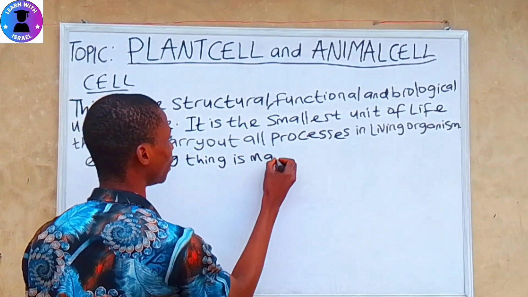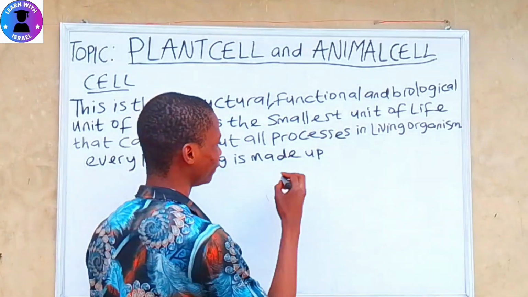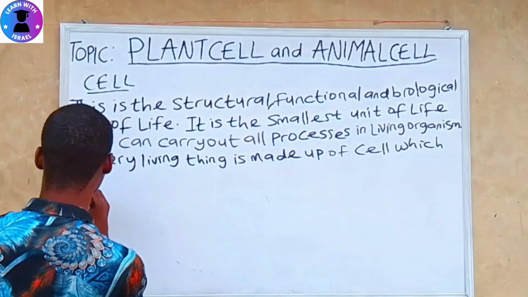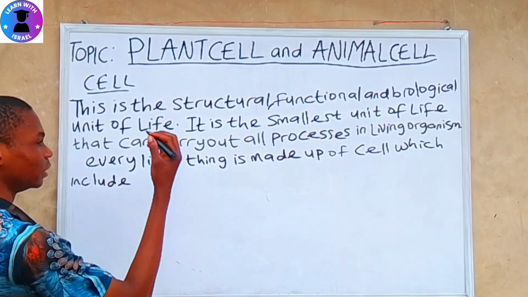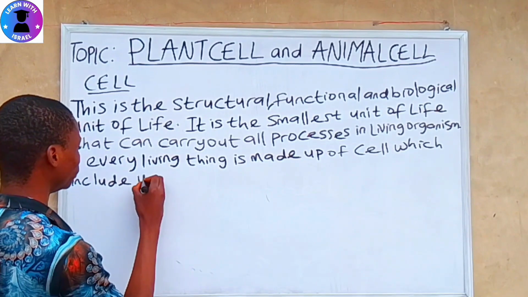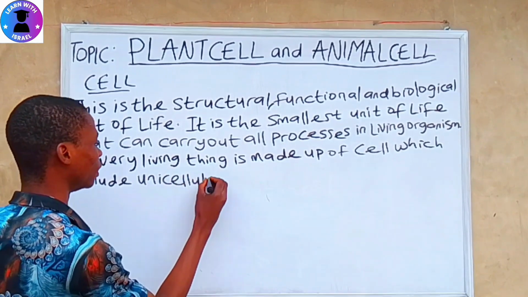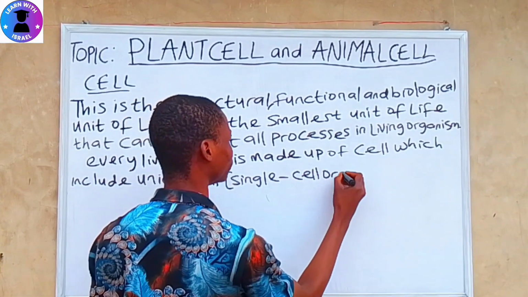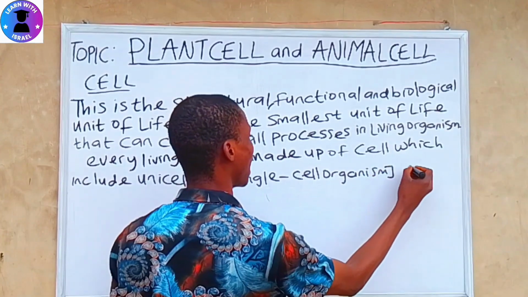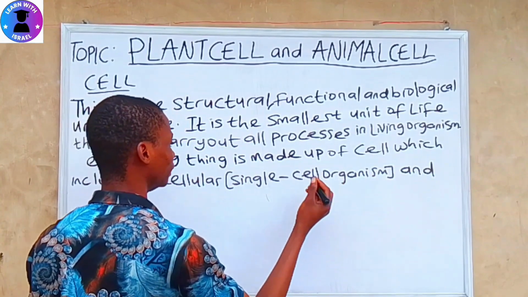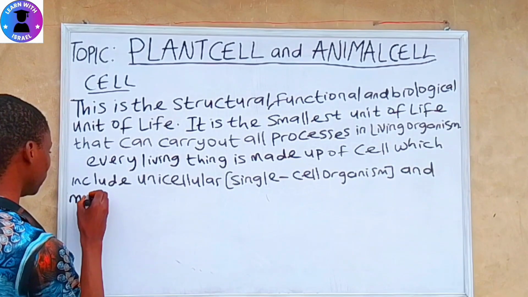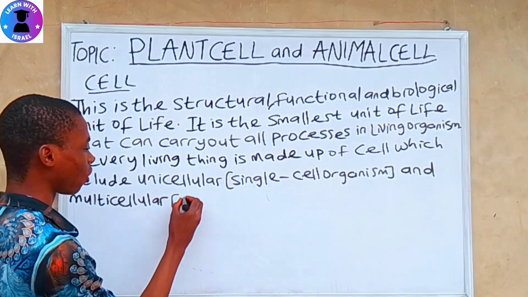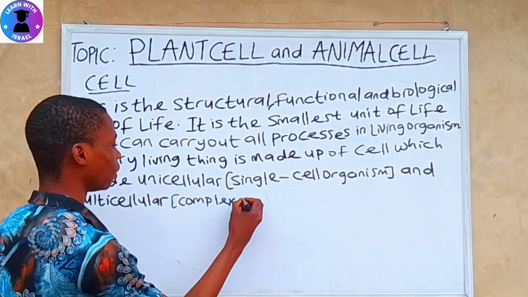I want you guys to know that every living thing is made up of cell, which include the unicellular, which is the single celled organism, and the multicellular, which include the complex cell organism.